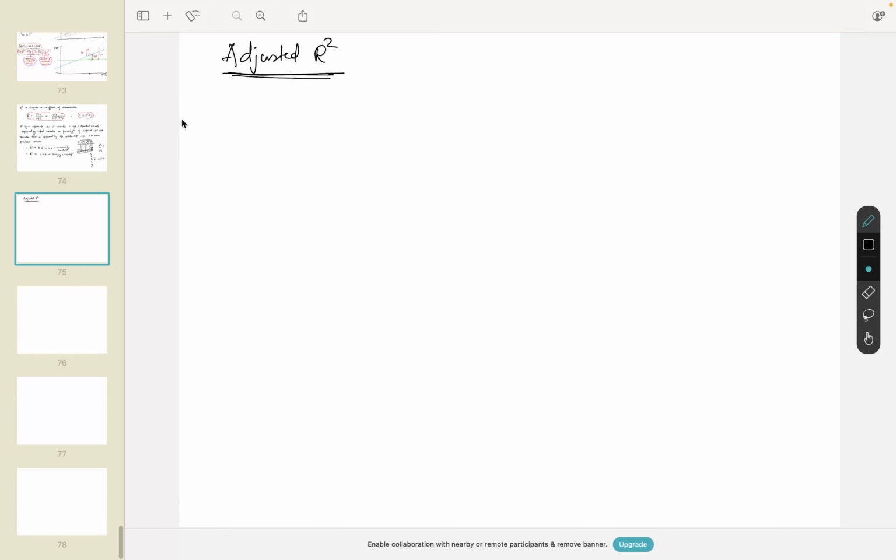Before going to the adjusted r square, we have learned about the r square, and we'll do some use case with Excel, and I'll try to show you. But write the topic known as adjusted r square. Now let me open Excel so that I can show you.